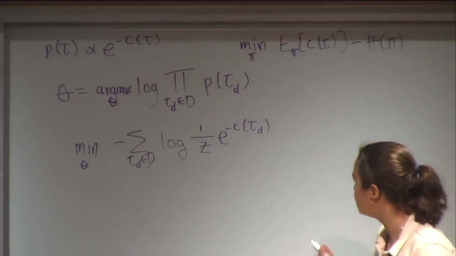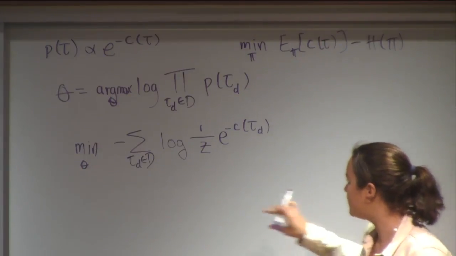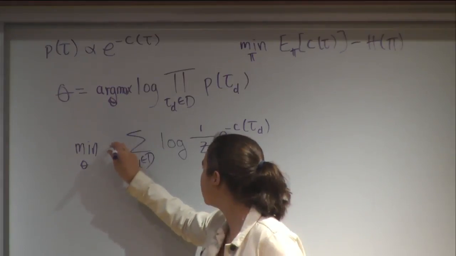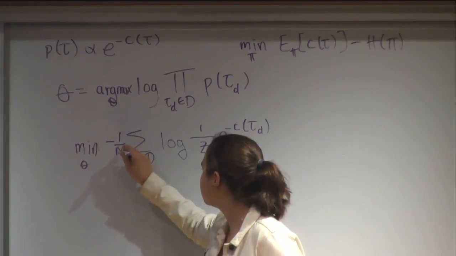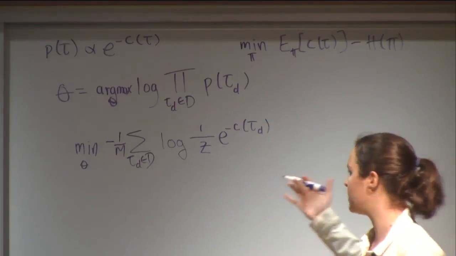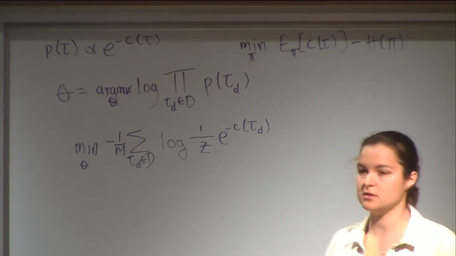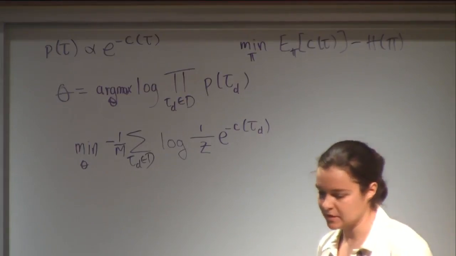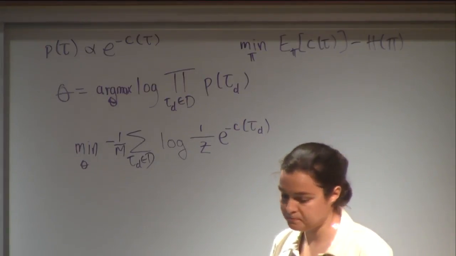And then one more thing before I move on to solving this, I'm also going to put a 1 over m here, which will be convenient later. But that 1 over m term doesn't affect the optimization problem, and doesn't affect the solution to the optimization problem.